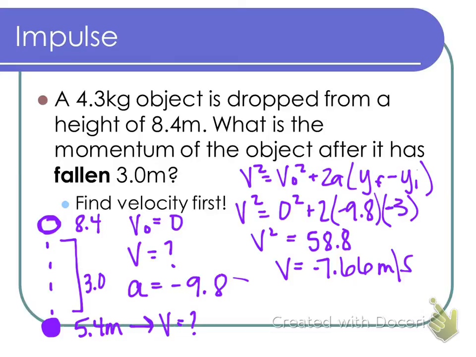m delta v, right? Okay, so I would take delta p. Since it starts at the beginning with no momentum, we're finding the change in momentum, m times delta v. Mass, which is 4.3. Our change in velocity was negative 7.66 minus 0, right? It started with 0 initial velocity there.